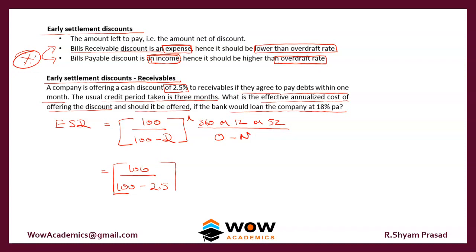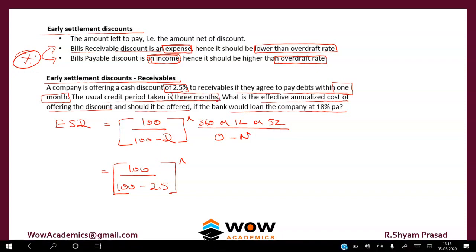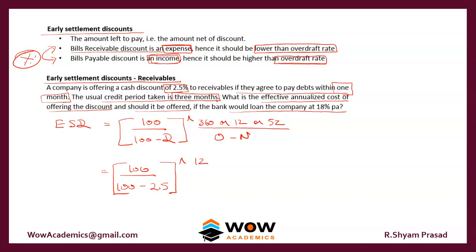The inside part of the formula is over. To the power of, see how they have given the numbers. If you settle in 1 month, that is the new number, and the earlier number was 3 months. The question revolves around months, so it will be 12 in the numerator, divided by the old number 3 minus the new number 1.